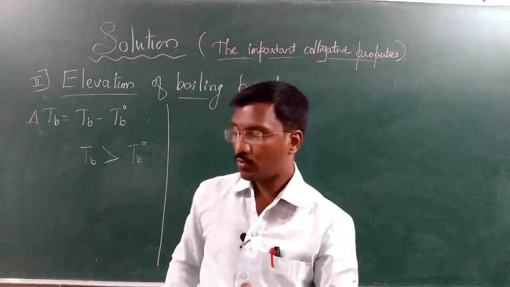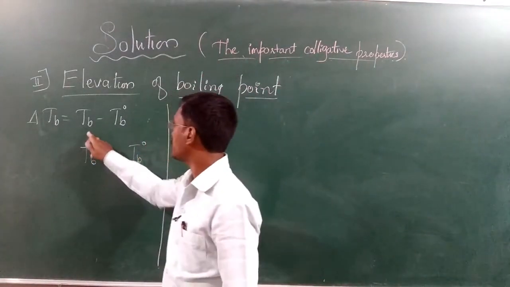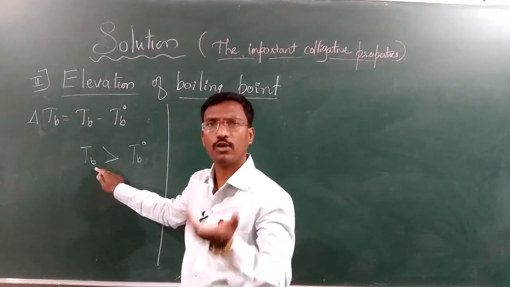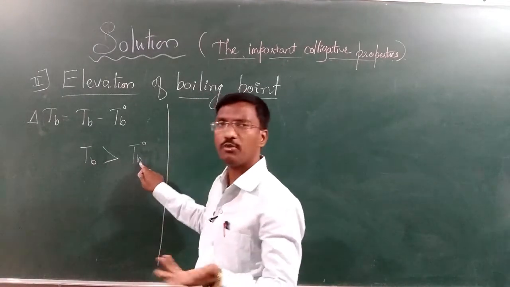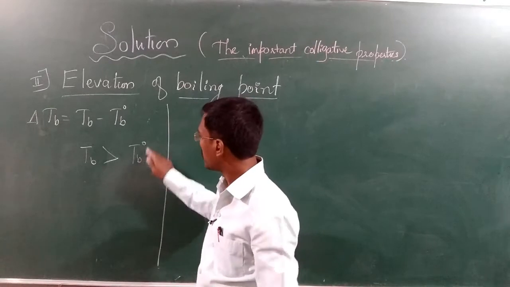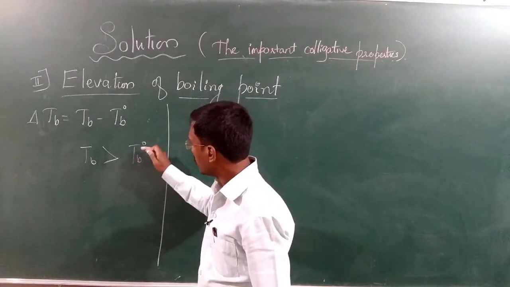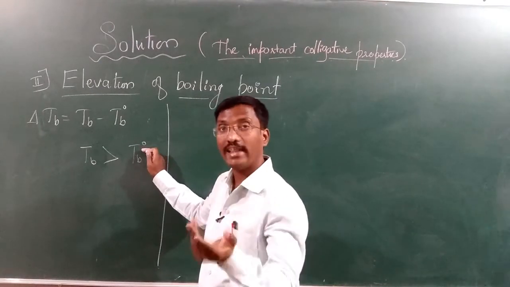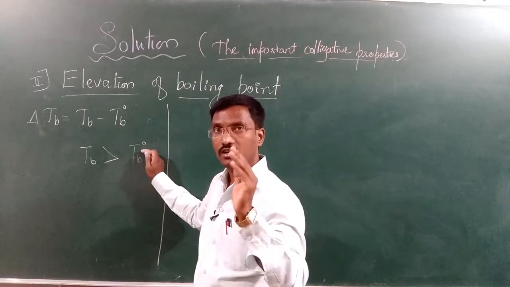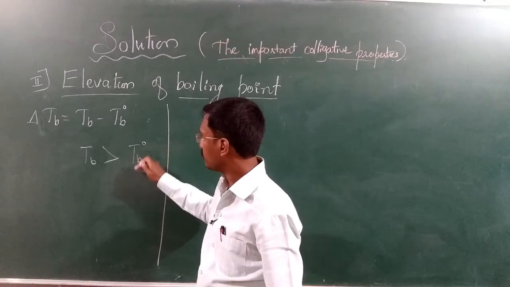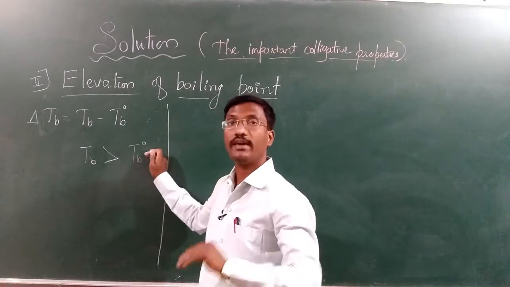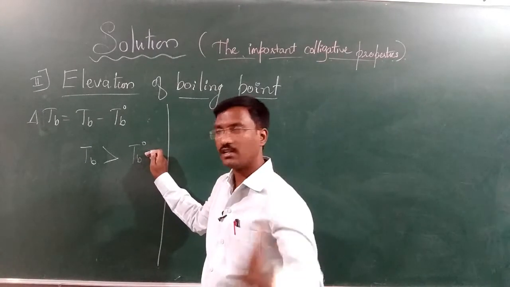It means the solvent has the lesser boiling point and the solution has the greater boiling point. The solvent can be easily converted into vapor, so its boiling point is lesser, which means we need less temperature to make only the solvent a vapor.